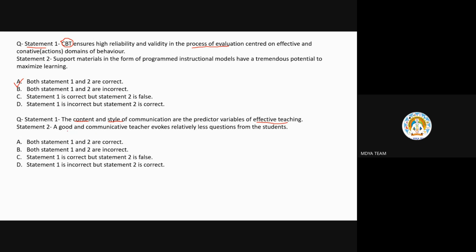And statement 2, that a good and communicative teacher evokes relatively less questions from the students, is not correct. Any doubt in this question? No, ma'am.